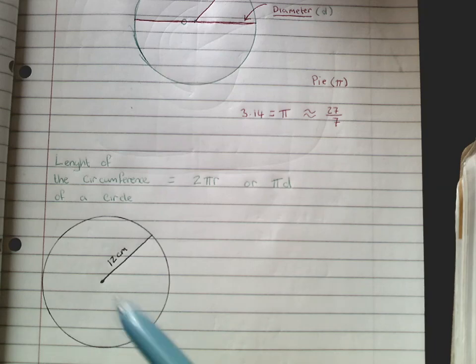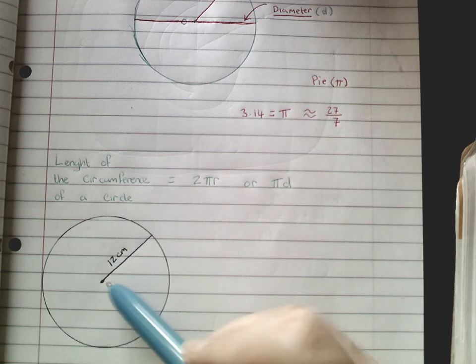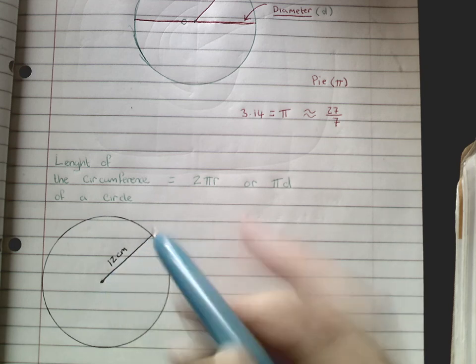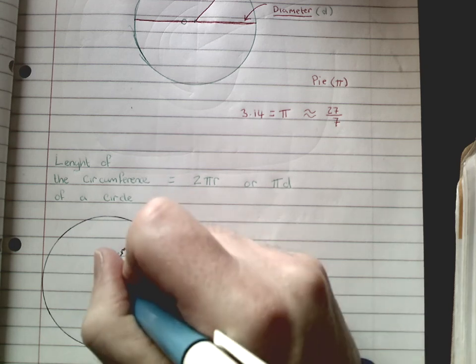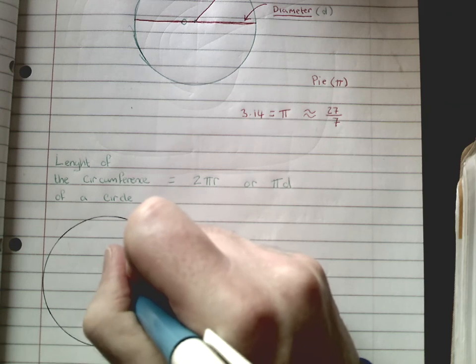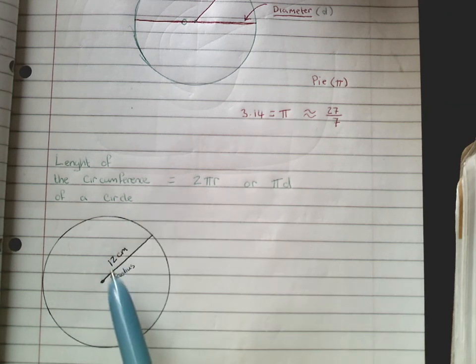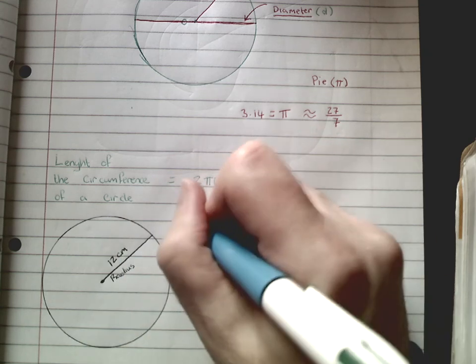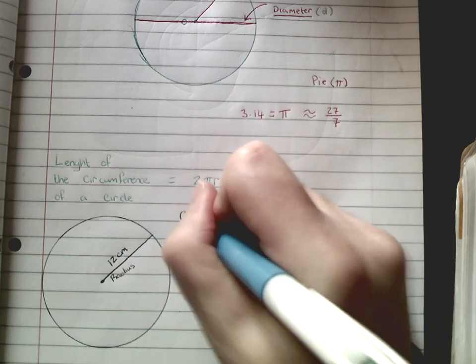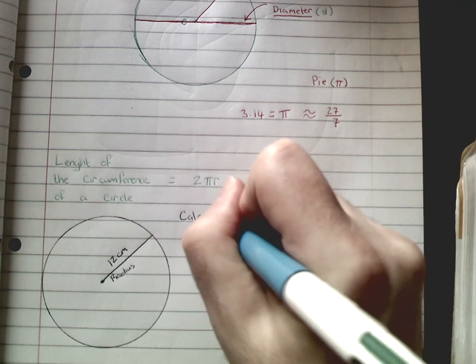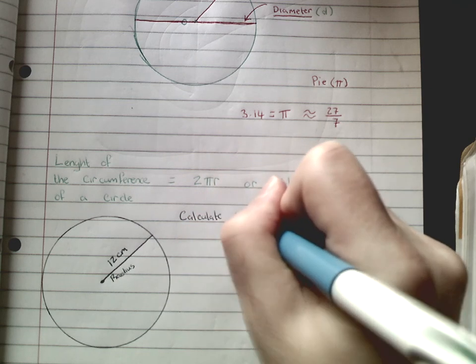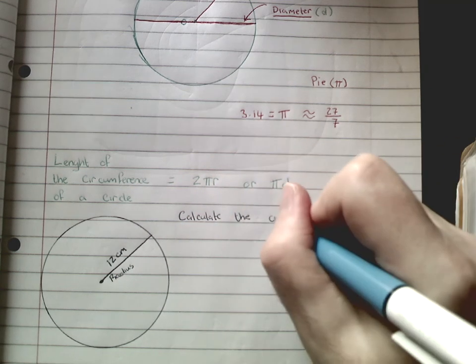So as an example, imagine we have this circle here, and we can see here it gives us the radius. So this is the radius. And what you've been asked to do is to calculate the circumference of this. Okay, so calculate the circumference.